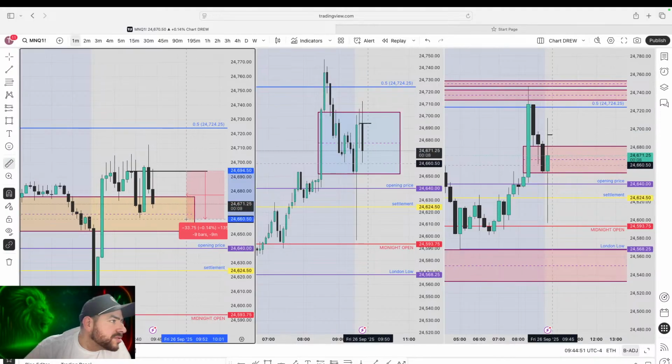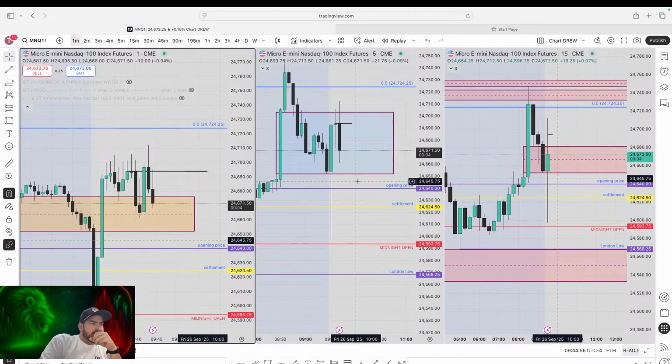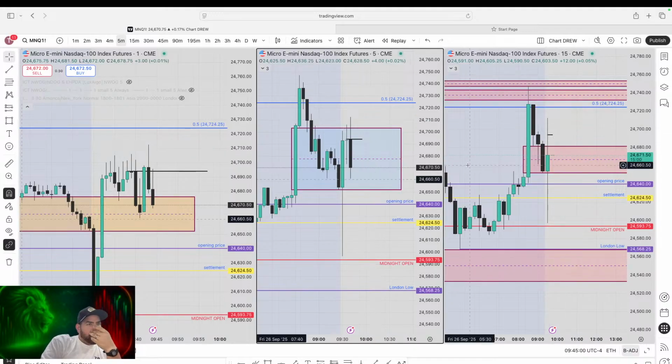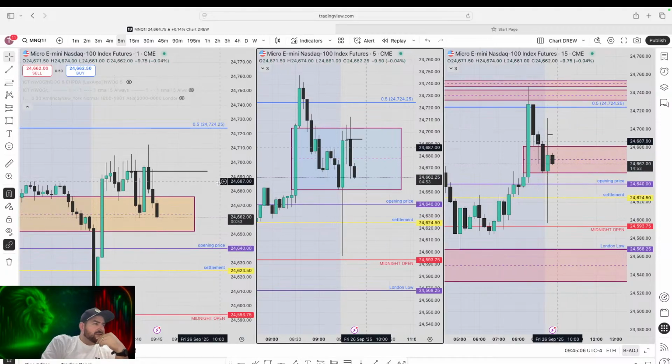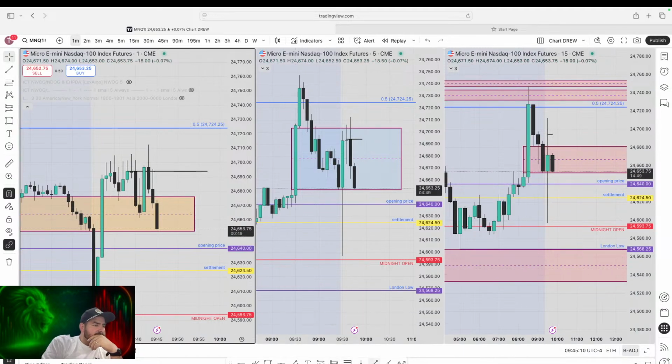Yeah, moving quick. Let's let our time frame kind of tell us what it wants to do here. Looks like a good lower. Yeah, looks like it's good lower, man.